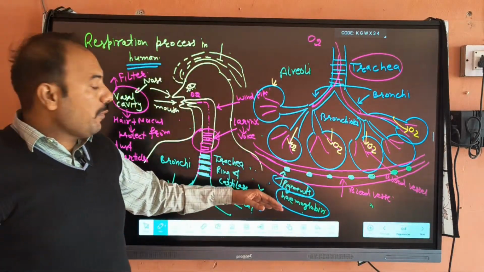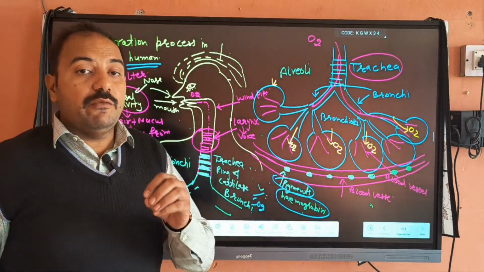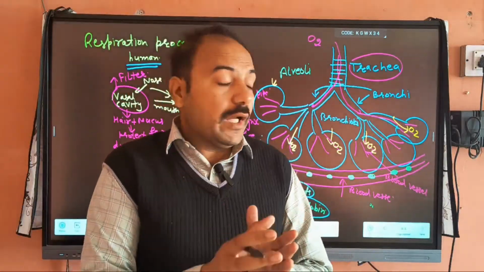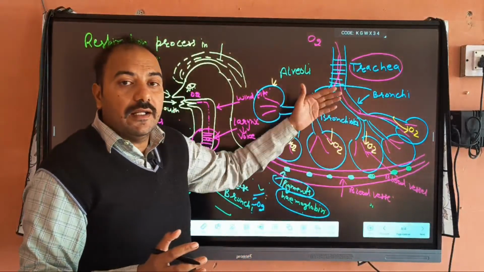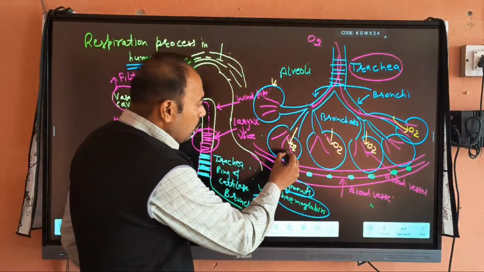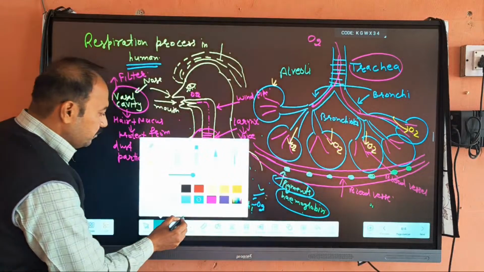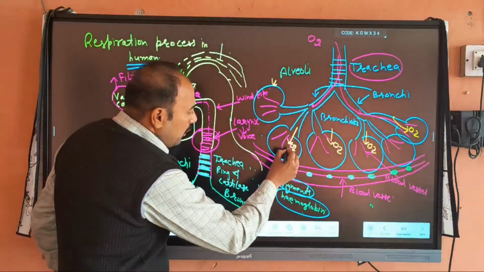This is an important part of the blood. What is the primary function of hemoglobin? To capture the oxygen from the lungs. So here it takes oxygen, and this oxygen goes where? Here.